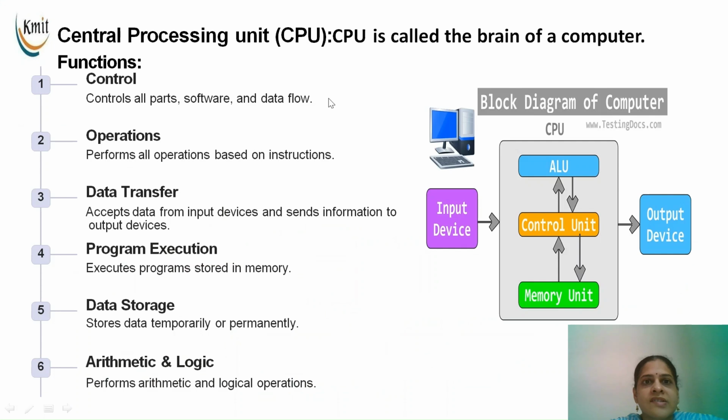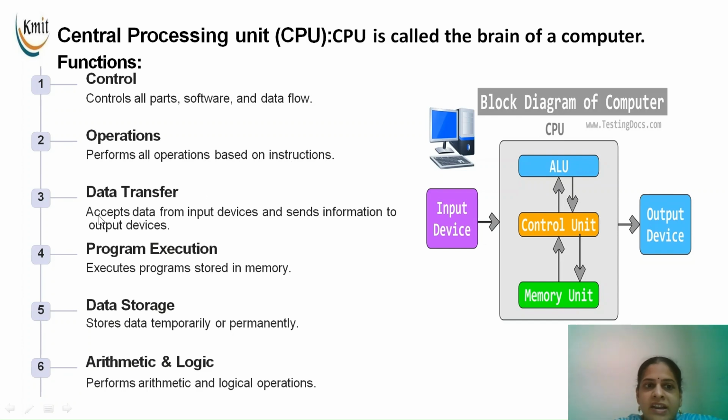Next is the central processing unit. The central processing unit, or CPU, is also called the brain of a computer. The functions of the CPU are to control all the hardware and software as well as to control the flow of data. It also performs all the operations based on the instructions given by the user.